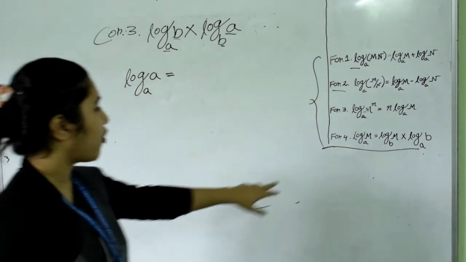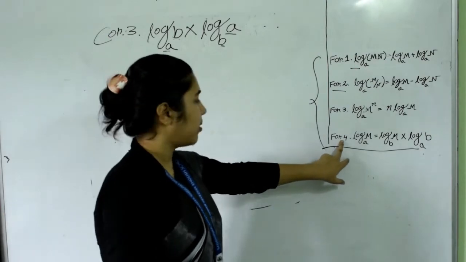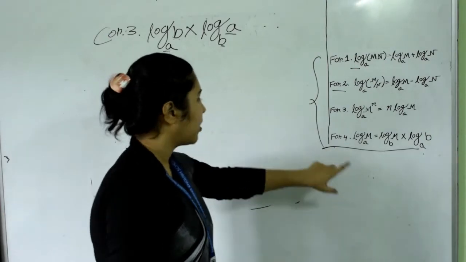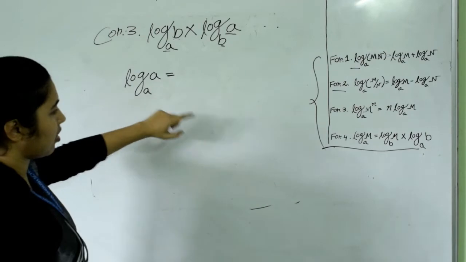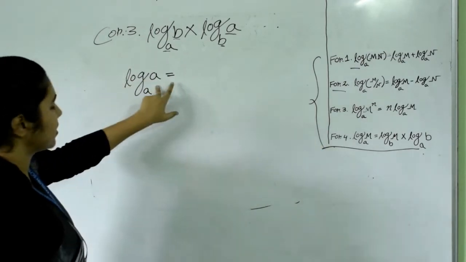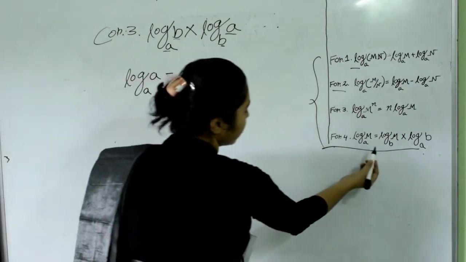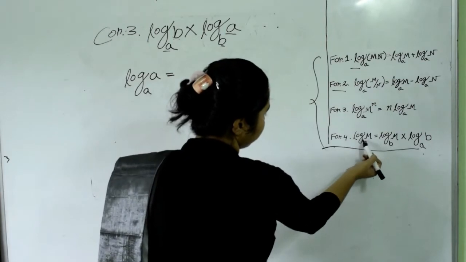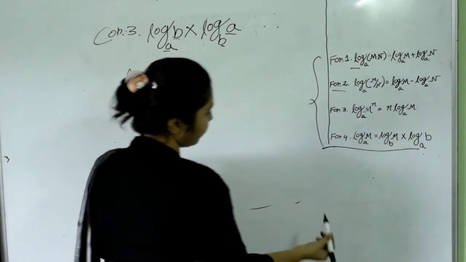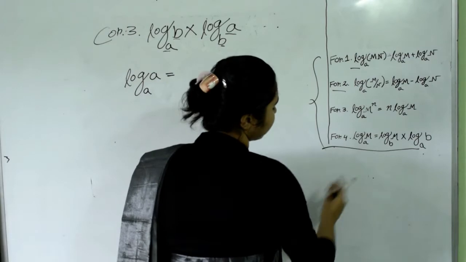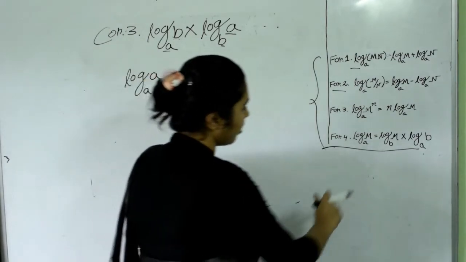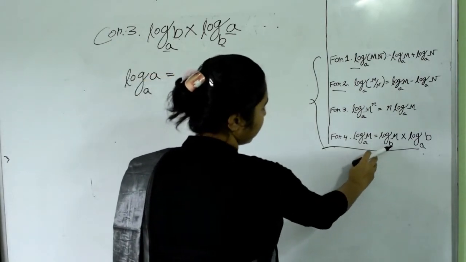Now by formula 4, which is our base interchange formula, apply this formula 4. That means we can change base. Here look at this formula 4. Here the base is a and the value is m. We can interchange this base.